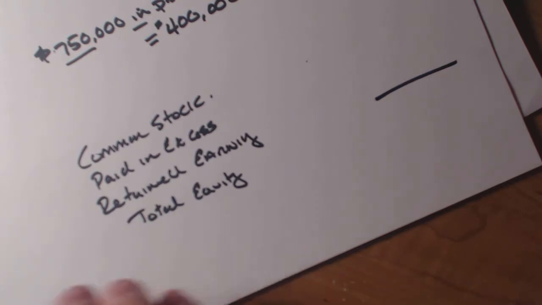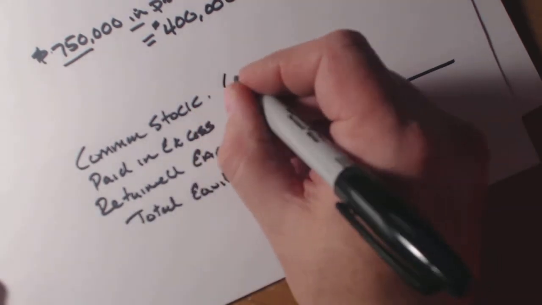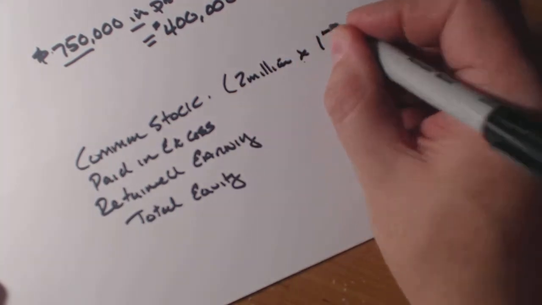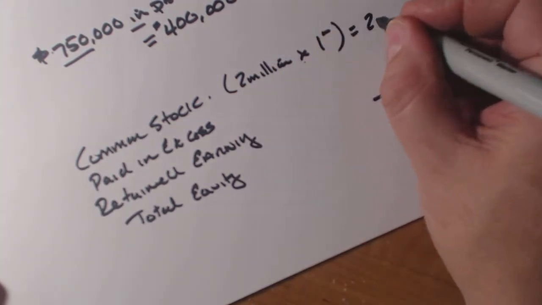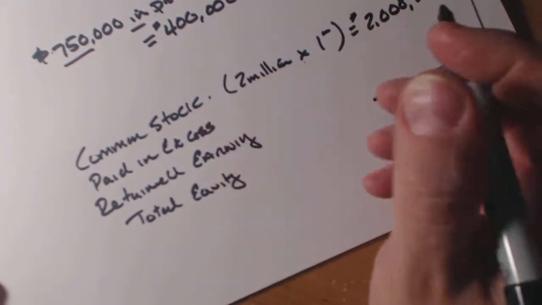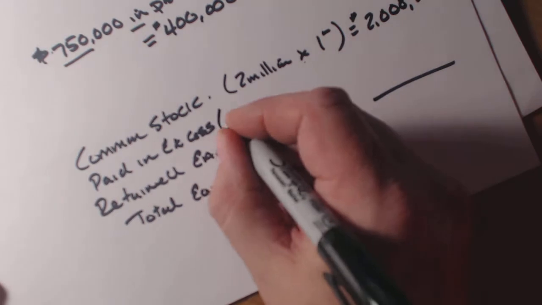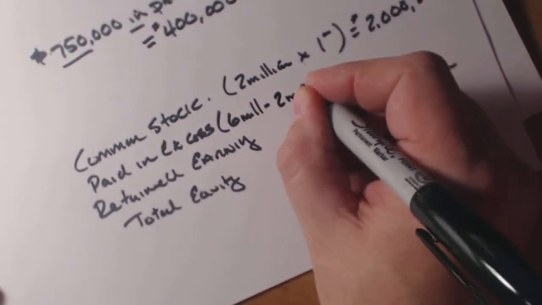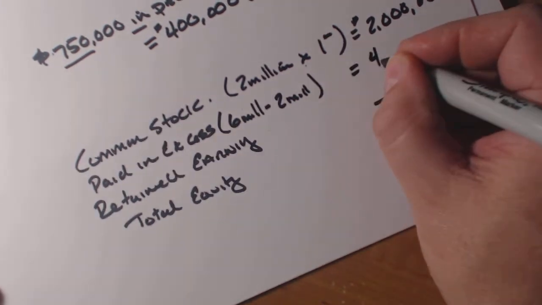So the first thing we're going to do is take our common stock, which is 2 million shares times $1, which would equal $2 million. Our paid in excess, as we did before, was 6 million minus 2 million is equal to 4 million.